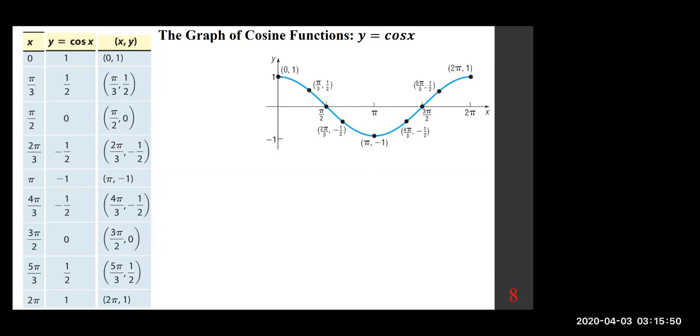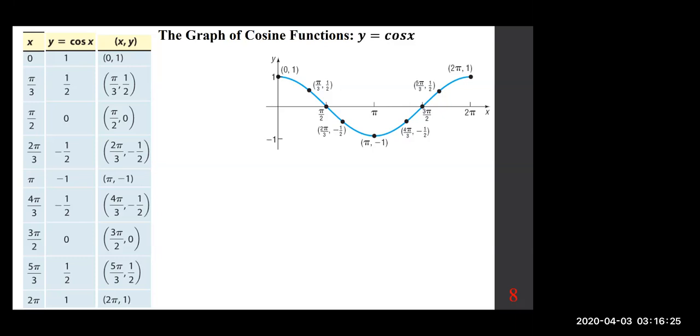Sine starts from 0, 0, but cosine starts with 0, 1. From 0 to pi, it's decreasing, and then from pi to 2 pi is increasing. Whereas in the case of a sine, 0 to pi over 2 is increasing, pi over 2 to 3 pi over 2 is decreasing, and then 3 pi over 2 to 2 pi is increasing.